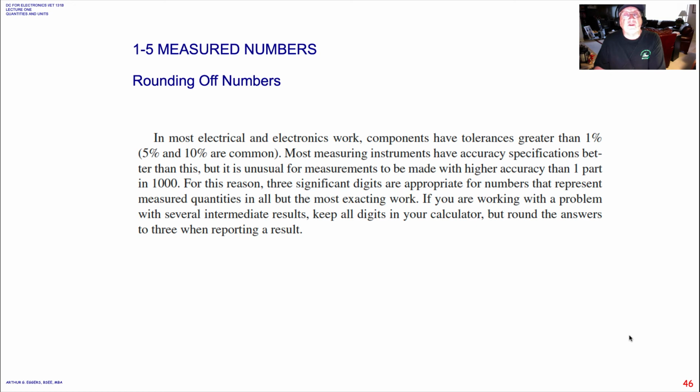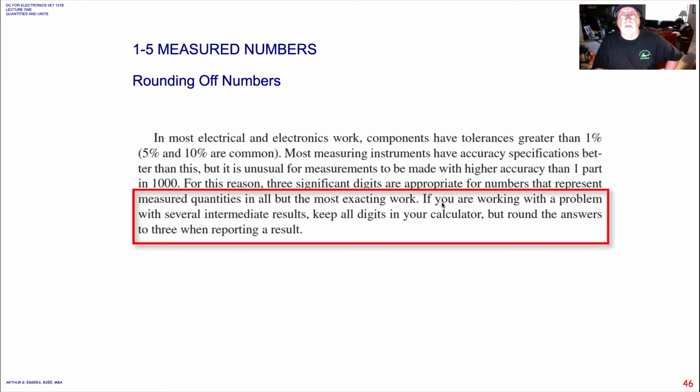For this reason, 3 significant digits are appropriate for numbers that represent measured quantities in all but the most exacting work. If you're working with a problem with several intermediate steps, keep all digits in your calculator, but round the answers to 3 when reporting a result.